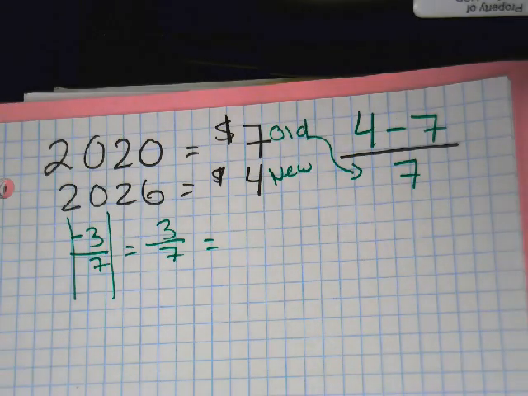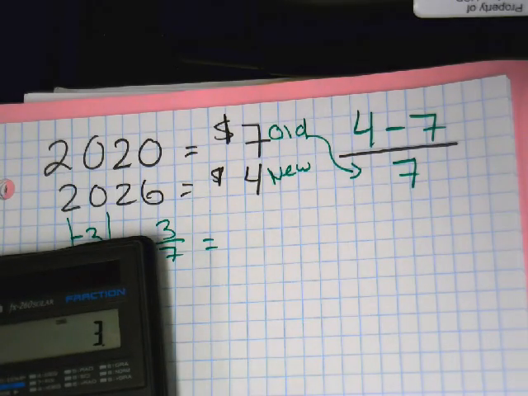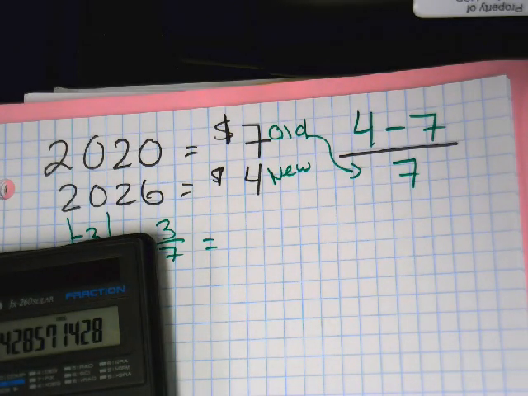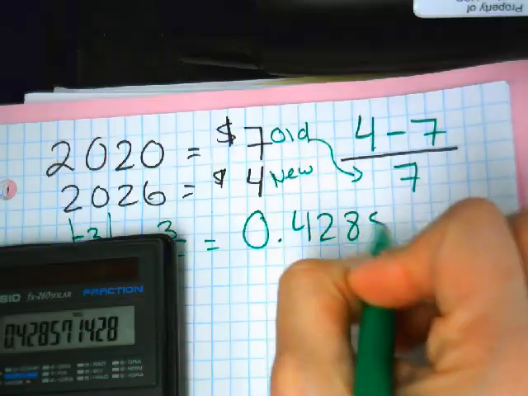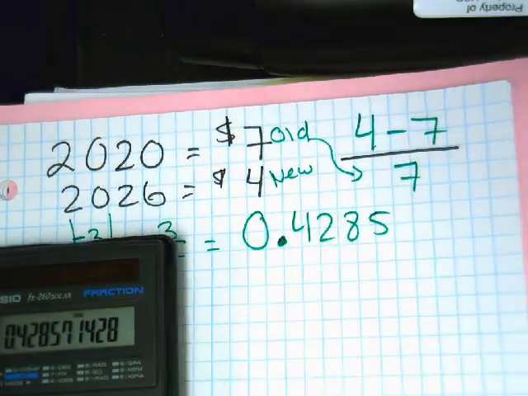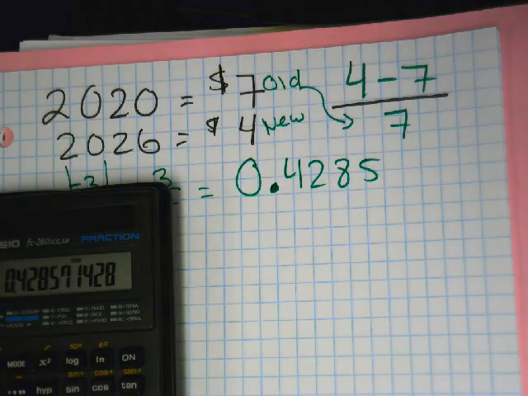And then type it in. A weird number? Yeah, which is what I wanted you to have. Okay, I'm going to write the first 4. How many times do I move it?